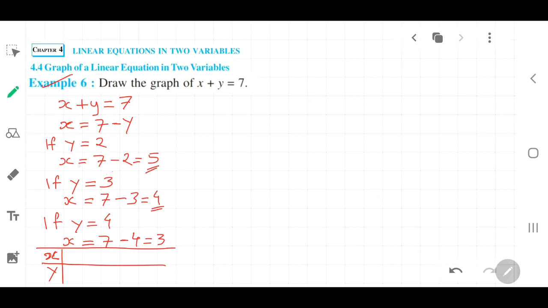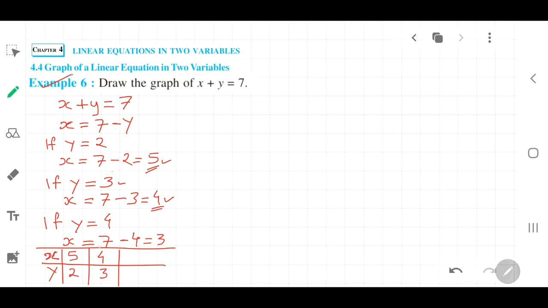Correct? The first solution, let us see. x we got 5 and y we took 2. So x you write 5 and y you write 2. Second solution, you see, x we got 4 by using y as 3. So write here 3.